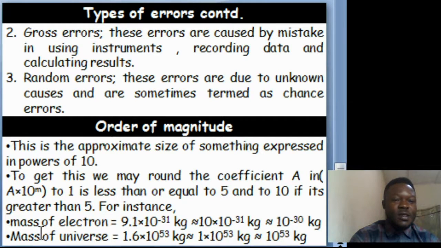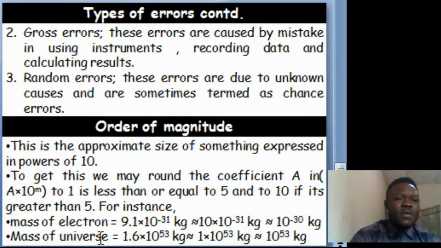For instance, the mass of an electron is 9.1 times 10 raised to power minus 31. 9.1 is greater than 5, and that is why we round it up to 10. That is 10 times 10 raised to power minus 31, and that is going to give you 10 raised to power minus 30 kg. So if I want to tell you the magnitude of the mass of an electron, I will say it is approximately equal to 10 raised to power minus 30.